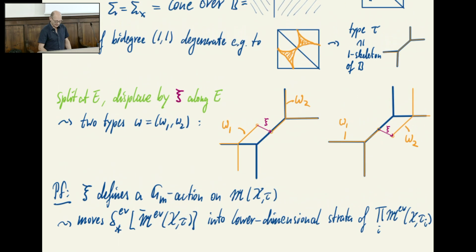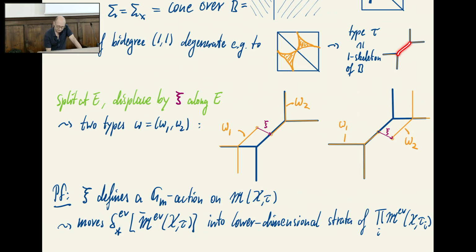Now, I split. There's only one edge I can split, right? So here I split. And I choose a general displacement vector. That's a vector in here. The torus action tells you that this makes sense. So the torus action tells you there's some kind of vector that you can shift in both directions. It lives in each cone.